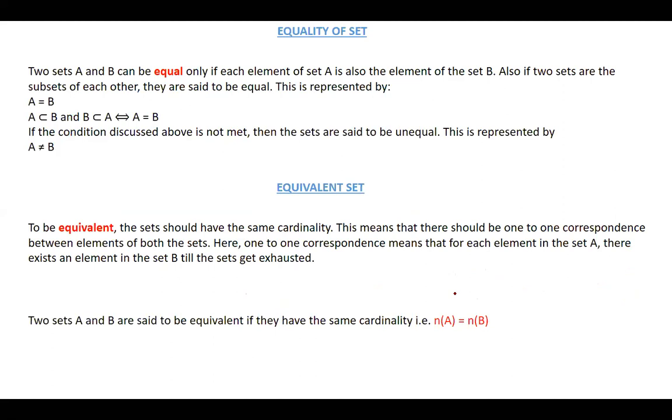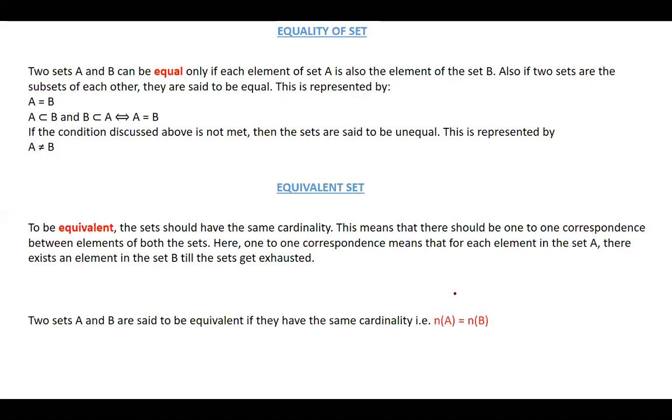All right. So two sets A and B, we are now looking at the equality of sets. Two sets A and B can be equal only if each element of set A is also an element of set B. Also, if two sets are subsets of each other, they are said to be equal.